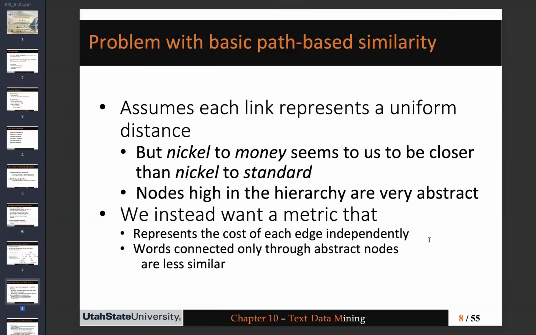The second lagging of this method of using path length on a WordNet is that they're going through abstract concepts, and therefore it should reduce the similarity more. So therefore, we really need some kind of weight across the edges and not some uniform distance, as long as the words have the same path away from the concepts, right?